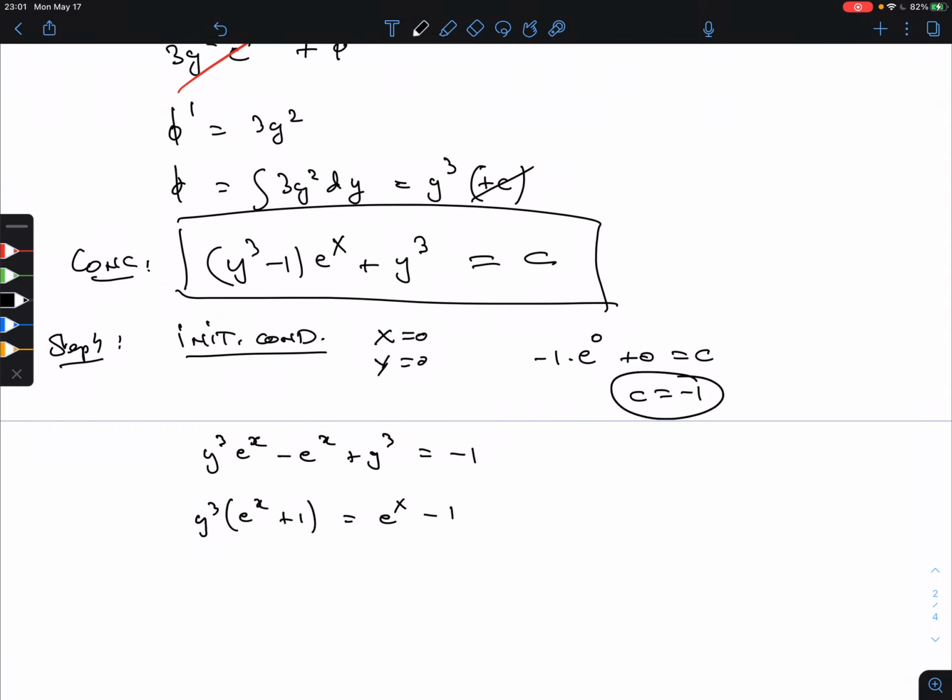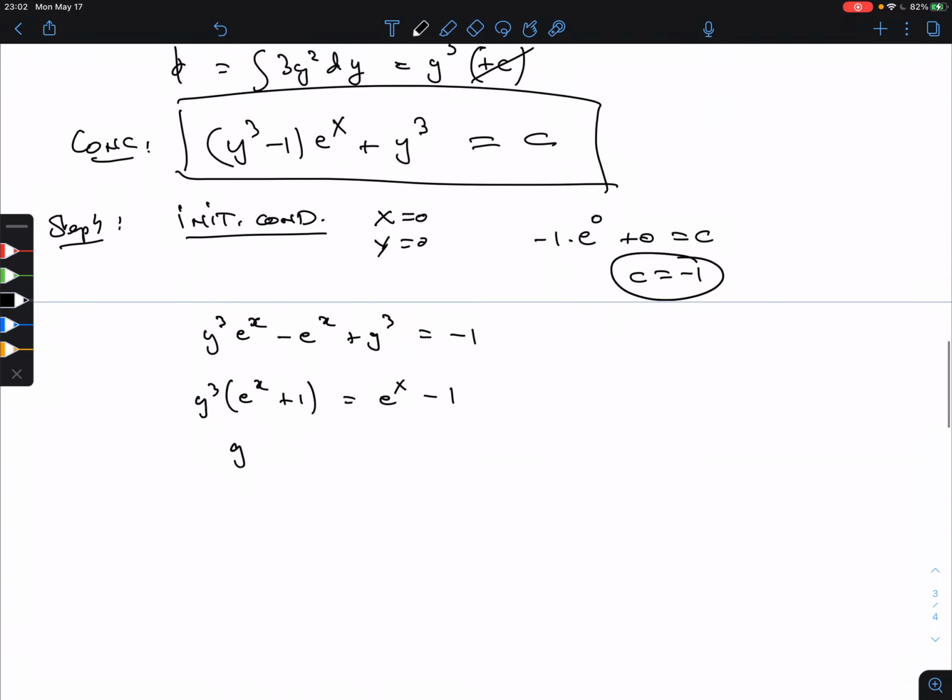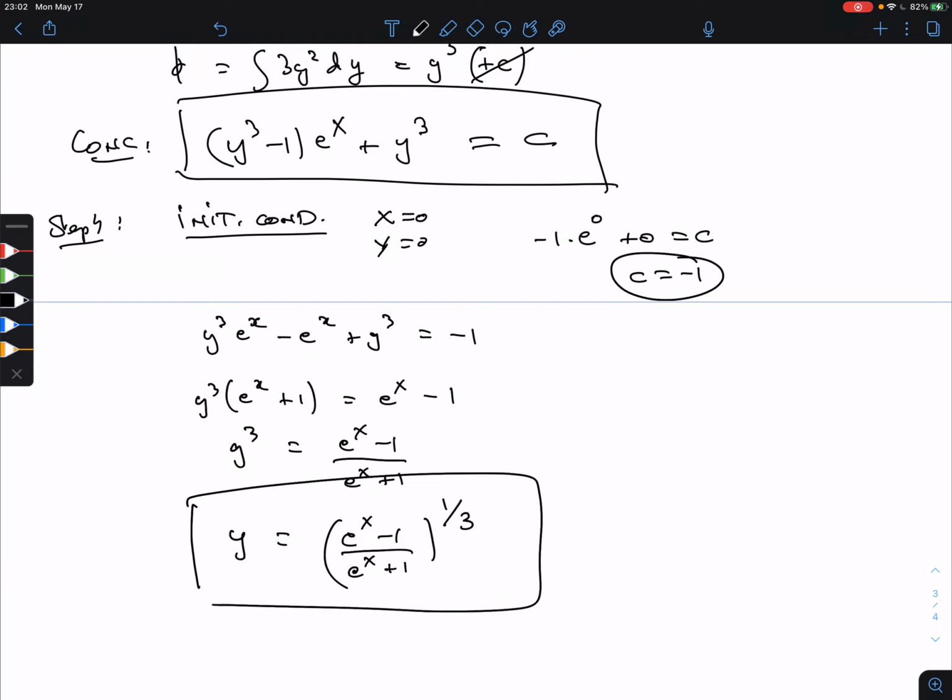That becomes plus e^x minus 1. I want to isolate y, so y cubed is (e^x minus 1) over (e^x plus 1). And finally, y would be the cube root of this thing. There's no need to consider negative and positive here because cube roots respect the sign. Okay, and so this is the really true solution in the form of the graph of a function, in explicit form.